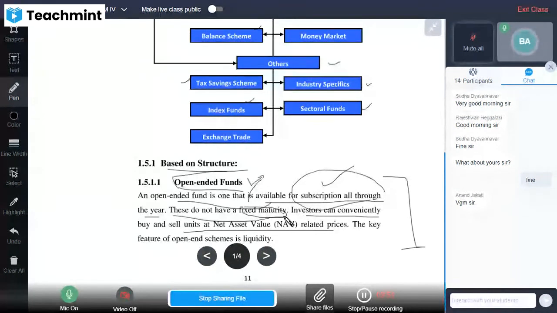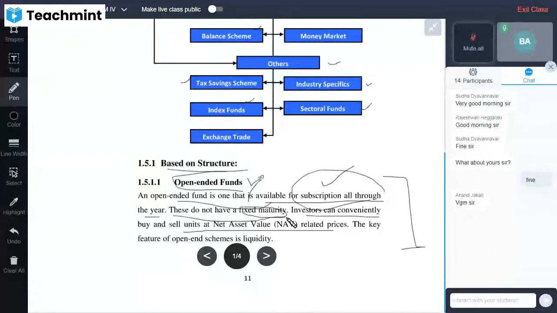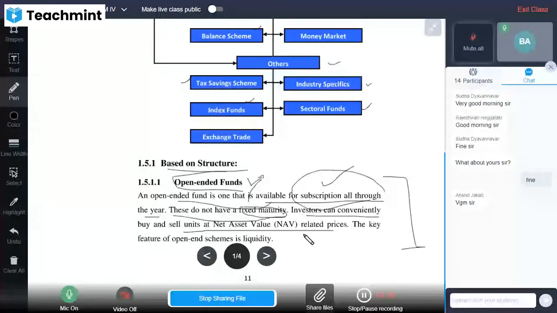There is no fixed maturity for these open-ended funds, and the investor can conveniently buy and sell units according to the NAV prices. So this is exactly what an open-ended fund is.